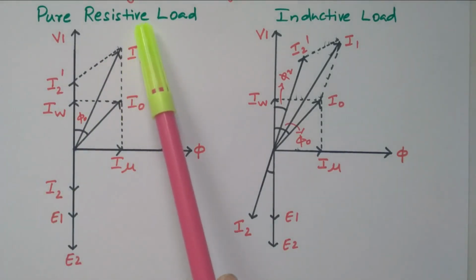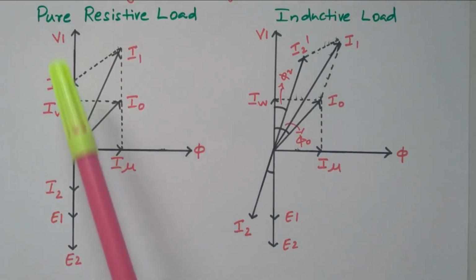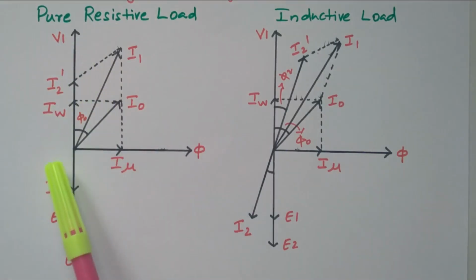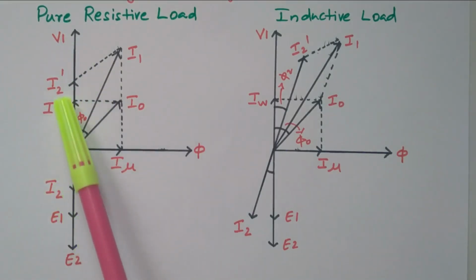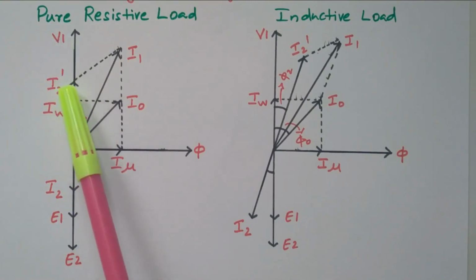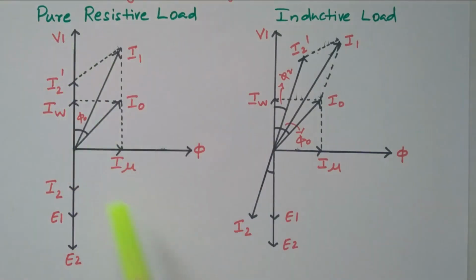Because of the resistive load, I2 dash and V1 are in phase. The primary current and voltage are in phase because of the resistive load. So we have another term I2. I2 is the current flowing in the secondary winding, that is opposite to that of the primary winding. What are E1 and E2? The EMFs induced in the primary winding and secondary winding.